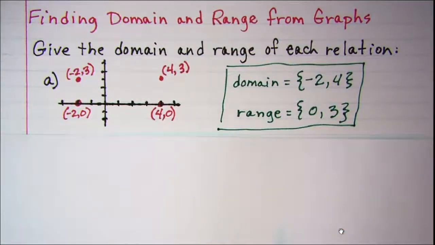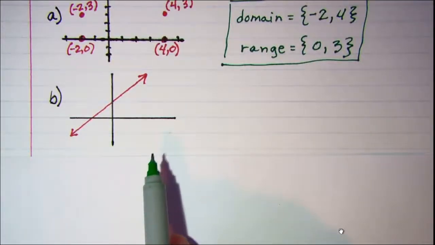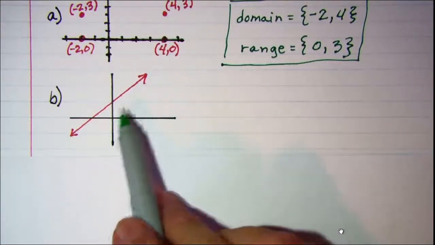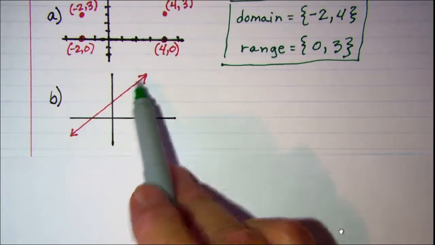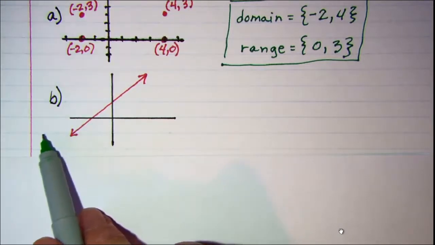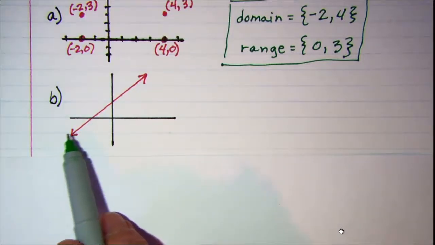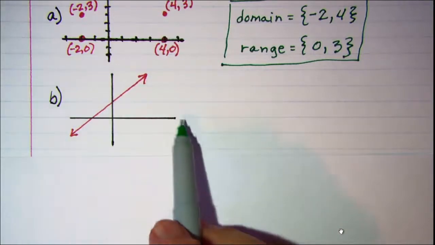Let's try another one. Now here we're not given any numbers, but we know that because the arrows are on the ends of this line, my x values are going to -infinity to the left and +infinity to the right.